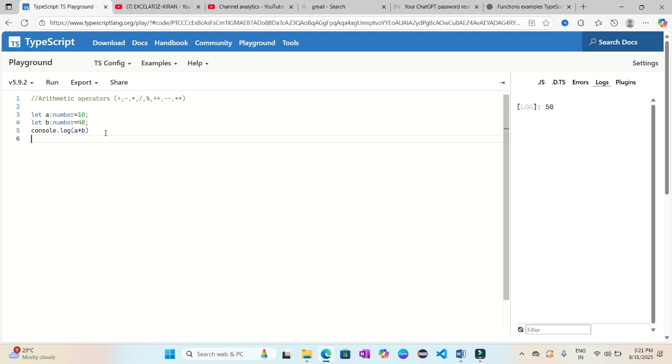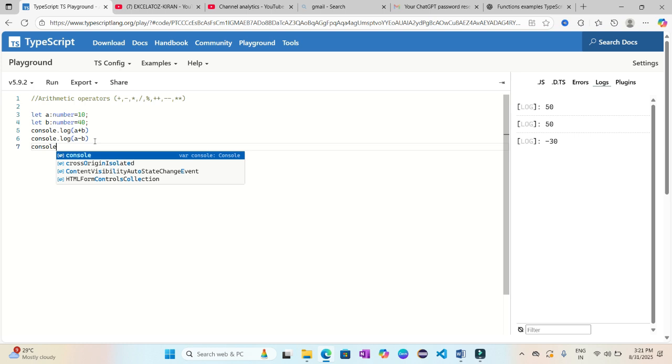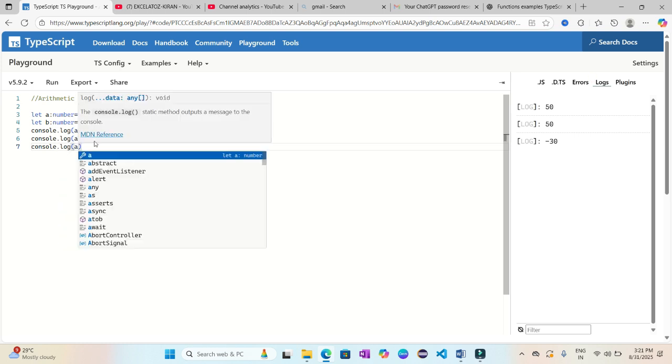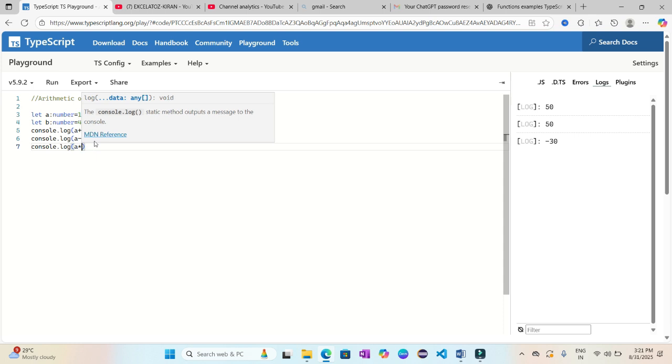Now same variables, a has 10 and b has 40. Now the subtract operator, console.log a minus b. It is coming as minus 30. Yes, minus 30 is coming, right? Next, console.log a into b. It is 10 into 40, 400. 400 is coming.